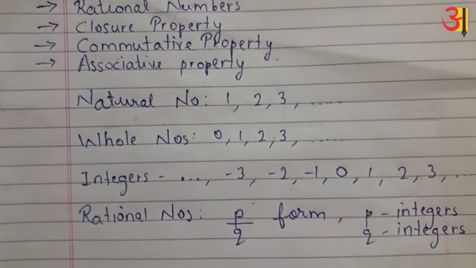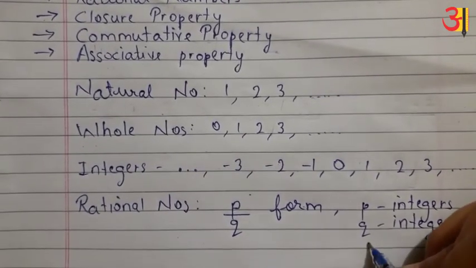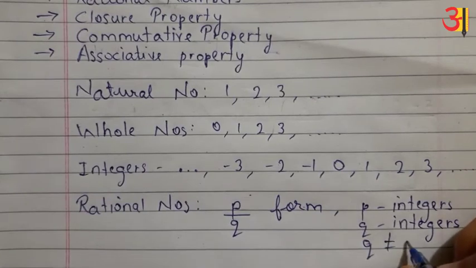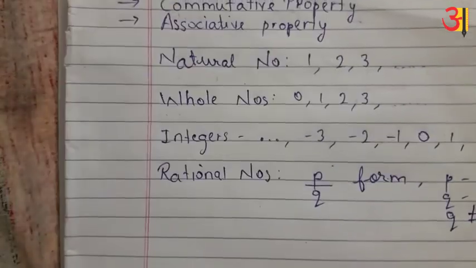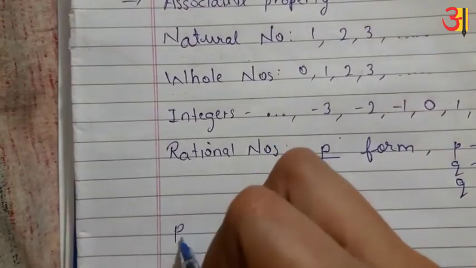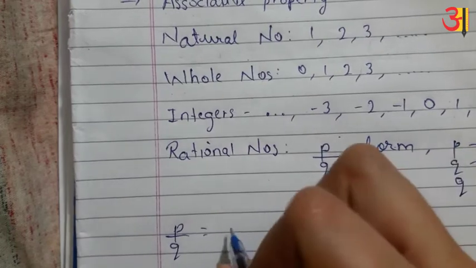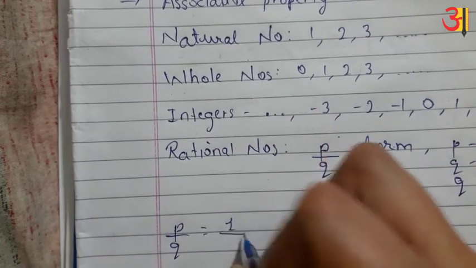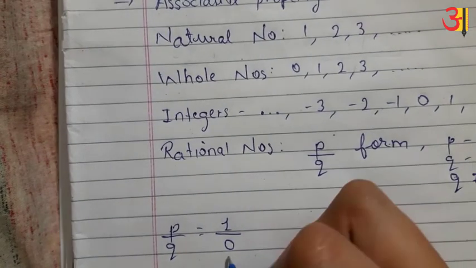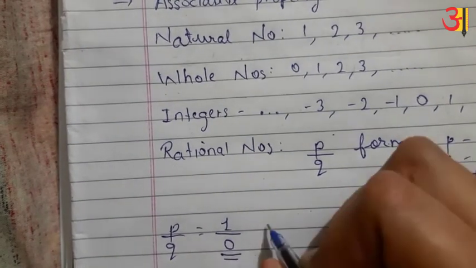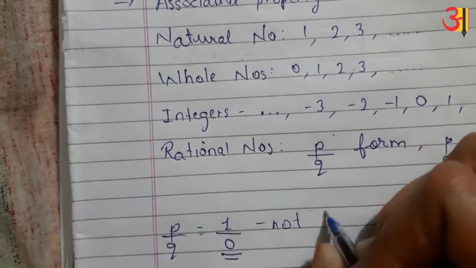But one condition is there: the value of Q should not be equal to 0, because if the denominator is 0, then the whole number will be not defined. For example, if in P upon Q, P is 1 and Q is 0, then a number in which the denominator is 0 is not defined.